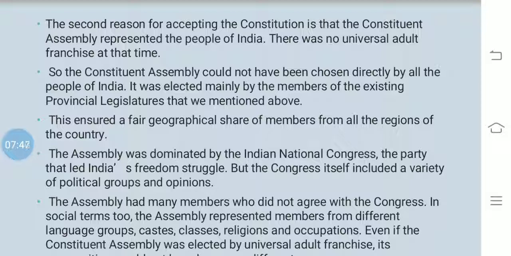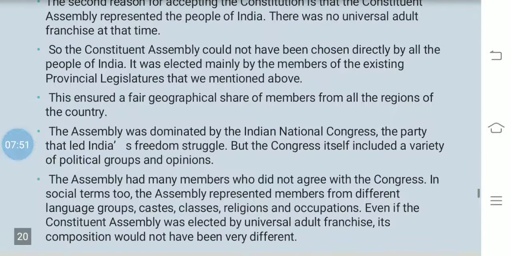And the assembly had many members who did not agree with the Congress. Within the party, there were differences, but these differences were not reflected in the decision making. Every decision was taken with consensus, with negotiation among the different people.